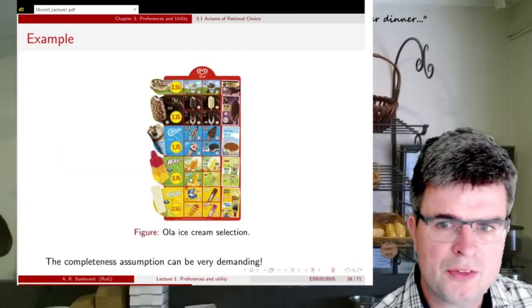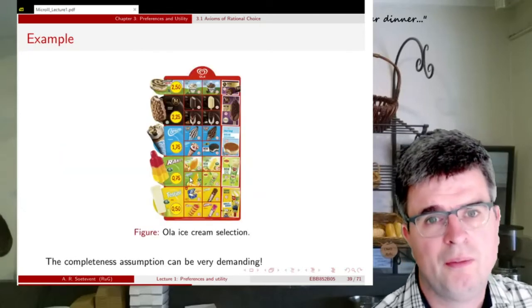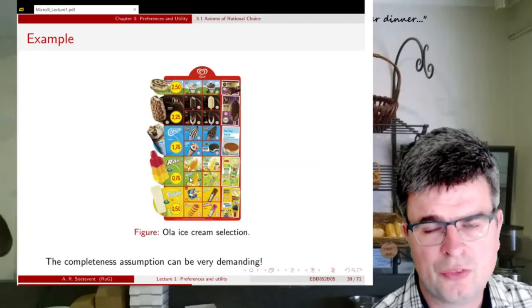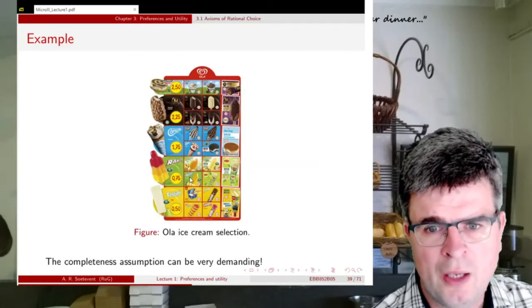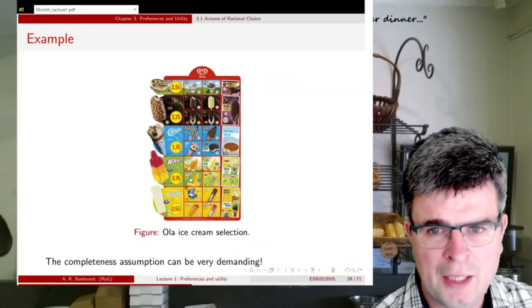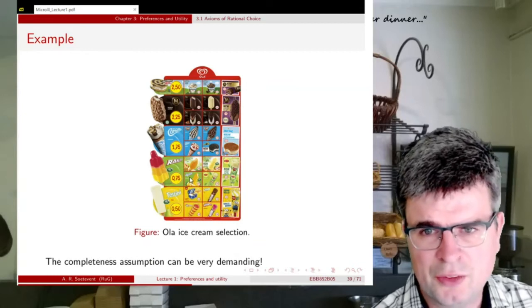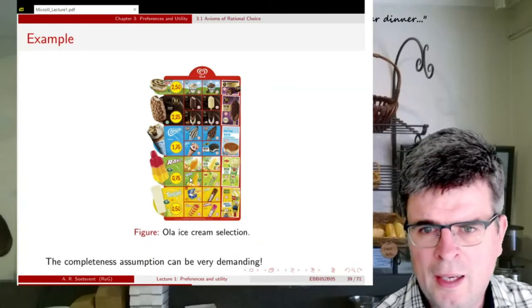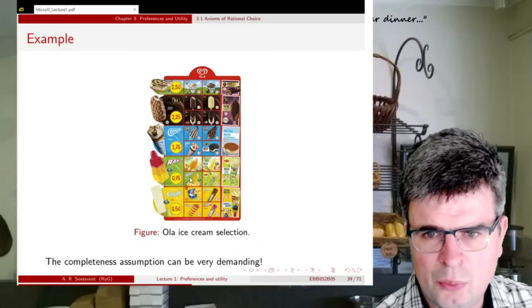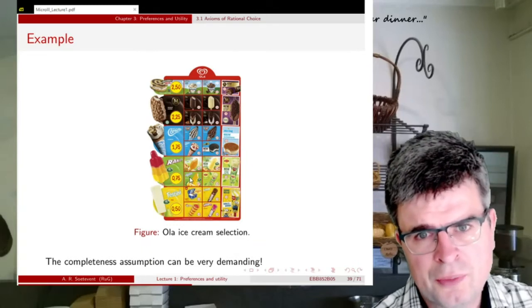Now, in practice, this can be quite daunting, this task in this completeness assumption. Consider, for example, the ice cream selection of Ola. Then you can see, well, about 20 different ice creams.